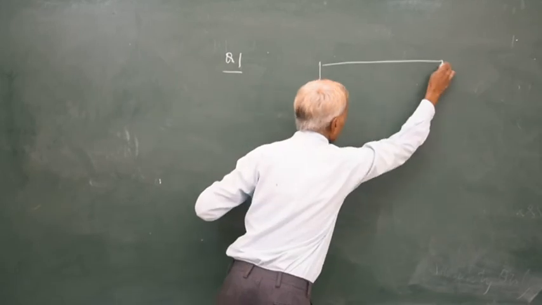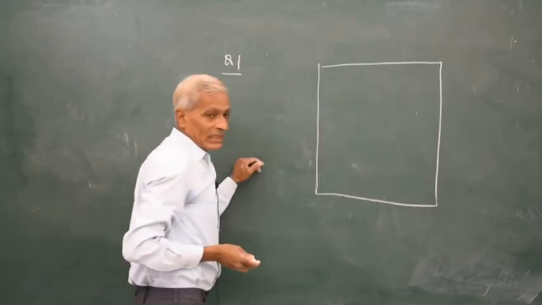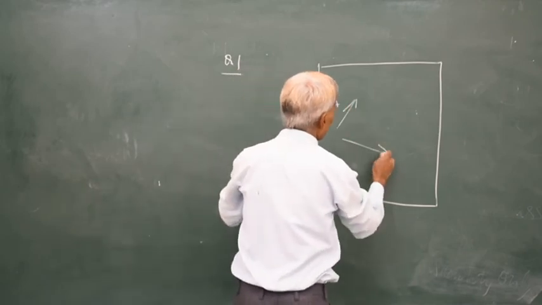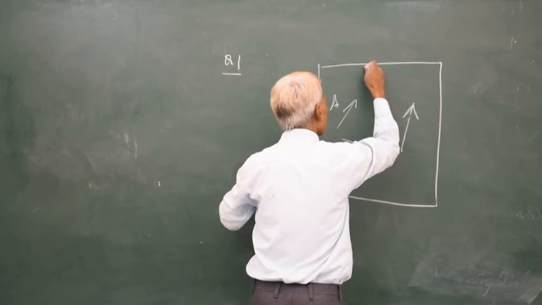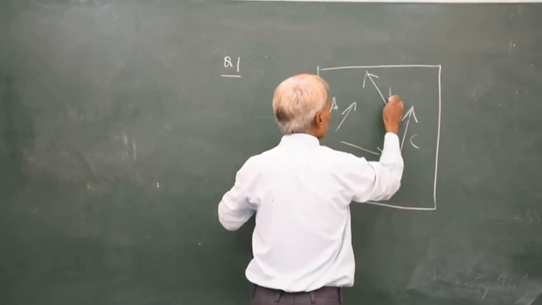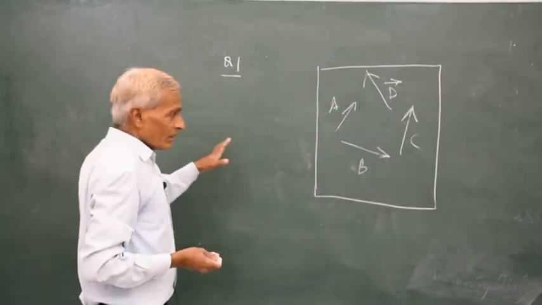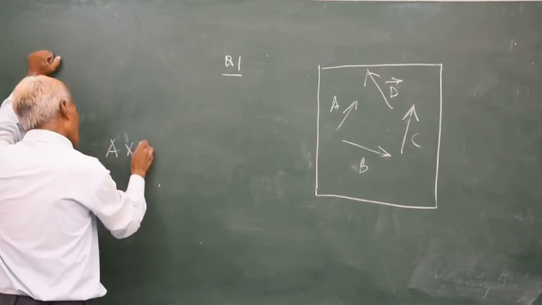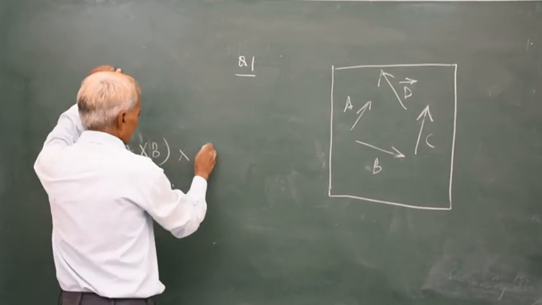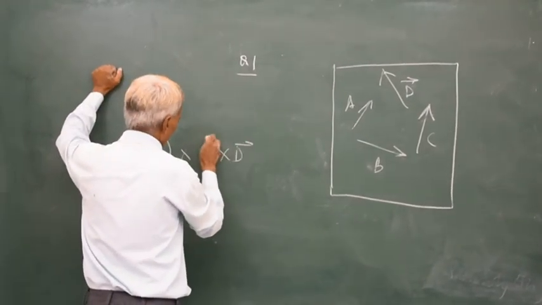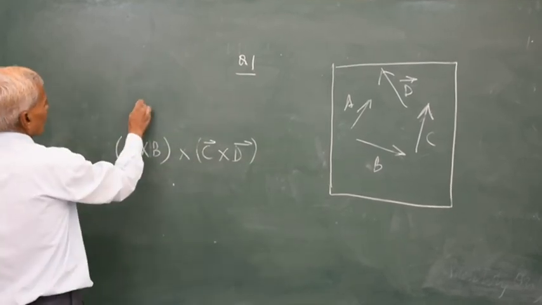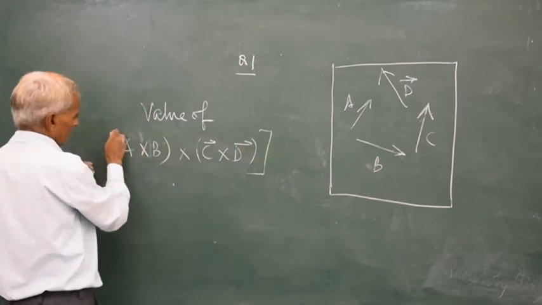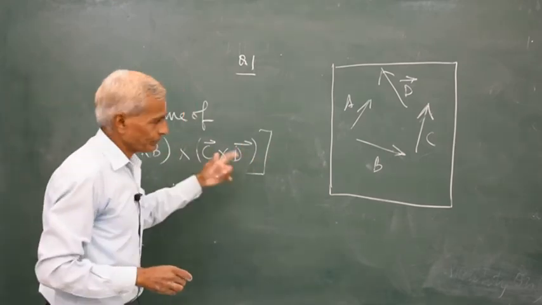Suppose there are 4 vectors A, B, C and D. You have to find the value of A cross B cross C cross D. What is the value of this one?